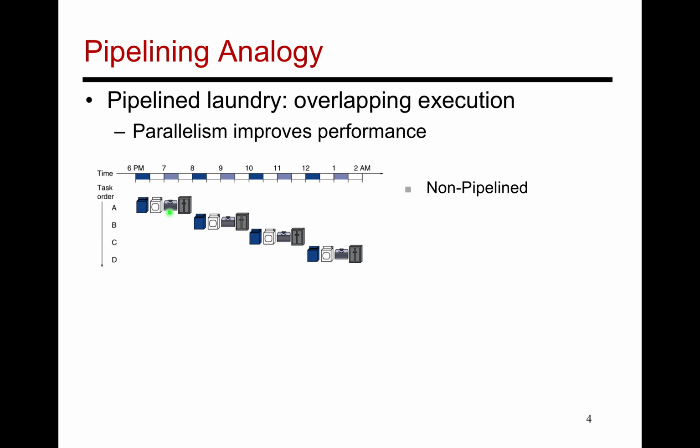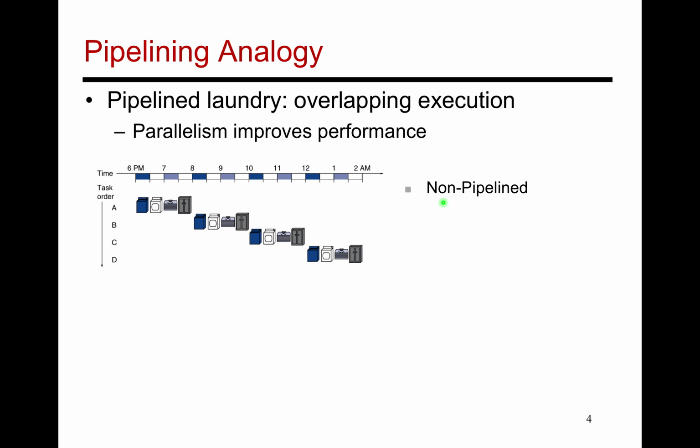After it's dried, we want to fold the clothing, and then we want to put them away in storage. And we assume that each stage of these operations is going to take 30 minutes. So for completing one load of laundry, from the beginning to the time it's put in storage, it takes 2 hours or 4 half-hour operations.